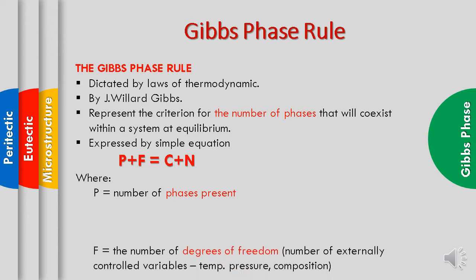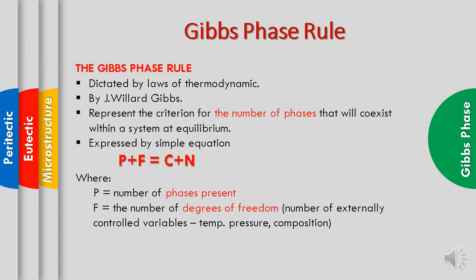Okay, and then F is equal to the number of degrees of freedom, which is the number of externally controlled variables such as temperature, pressure, composition. So the number represents the degree of freedom in terms of temperature, pressure, and composition.